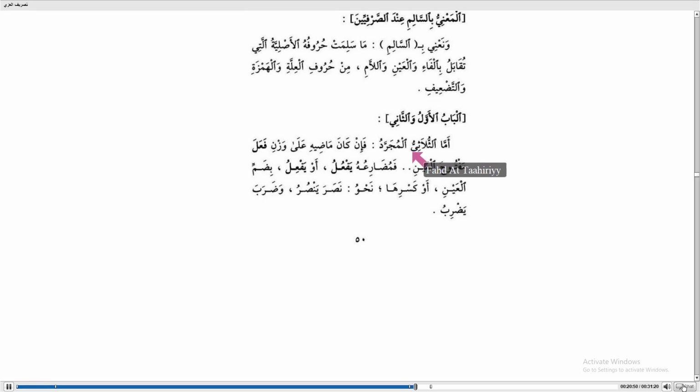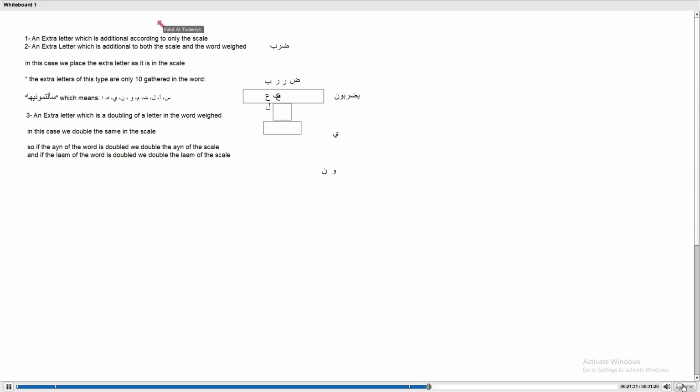It says, as for the three-letter verb which does not have any extra letters, if its madi is on the scale of fa'ala, meaning having a fatha on the ayn, then its mudari' is yaf'ulu or yaf'ilu, with a dhamma or kasra on the ayn, like nasara yansuru and daraba yadribu. Alright, let's explain this in general.